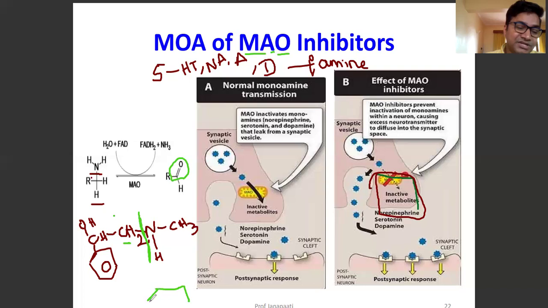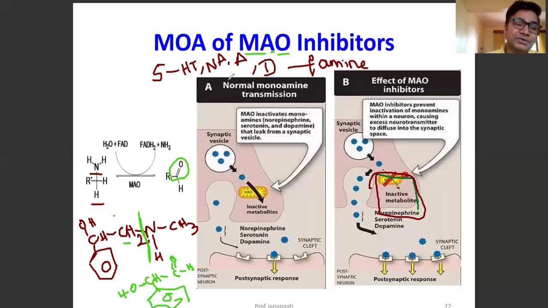It will become benzene, OH, CH, OH. Now this will become an aldehyde or ketone. So like this it will form.